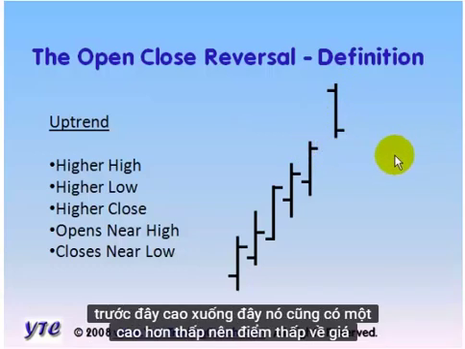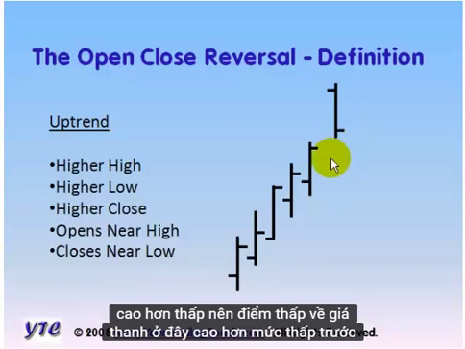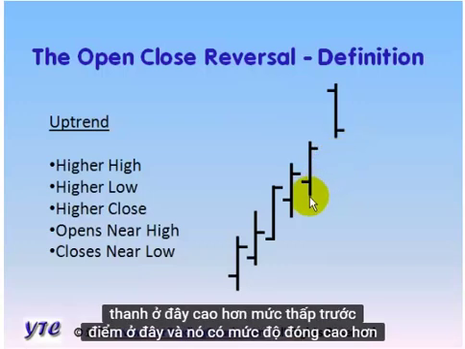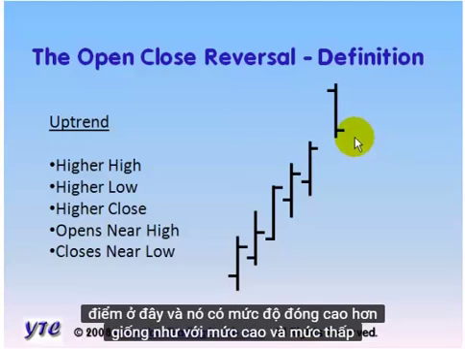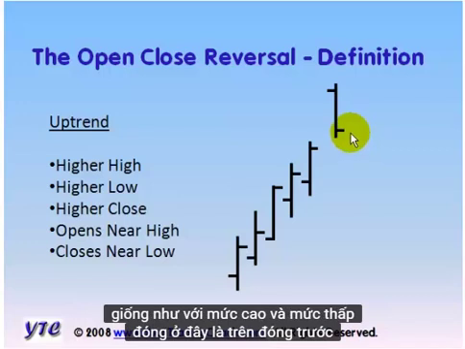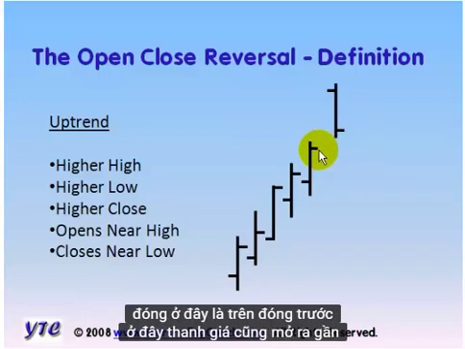It also has a higher low. So the low point on the price bar here is higher than the previous low point. And it has a higher close. So just like with the highs and lows, the close here is above the previous close.